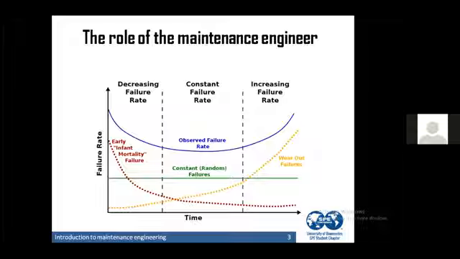While when any company purchases new equipment, it will already be in the second phase, which is the constant failures phase. So our role, or our job, as maintenance engineers is to keep our equipment as long as possible in this second phase.